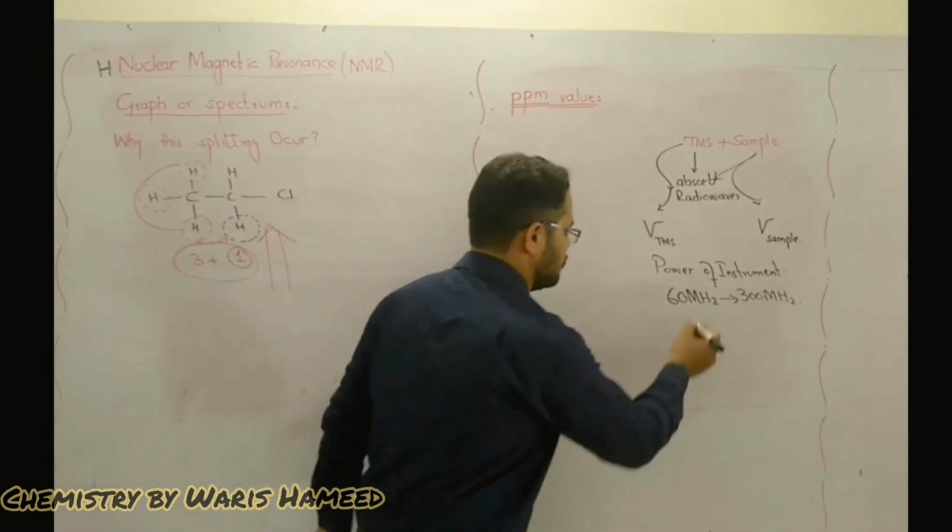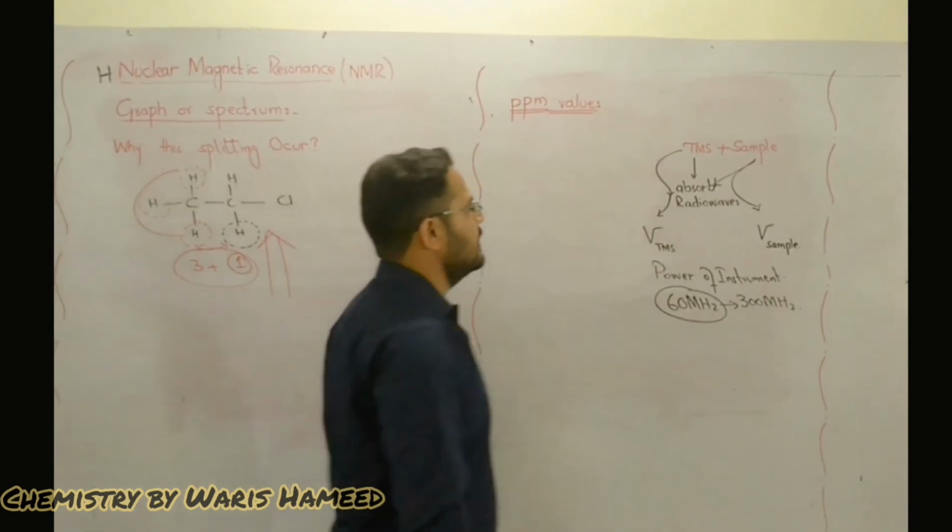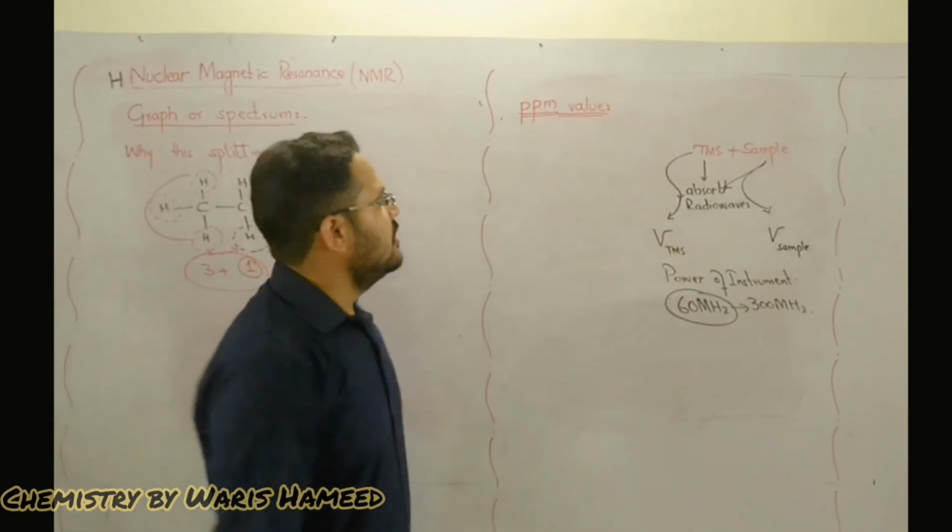If I use an instrument of 60 megahertz, then what will be the ppm value?